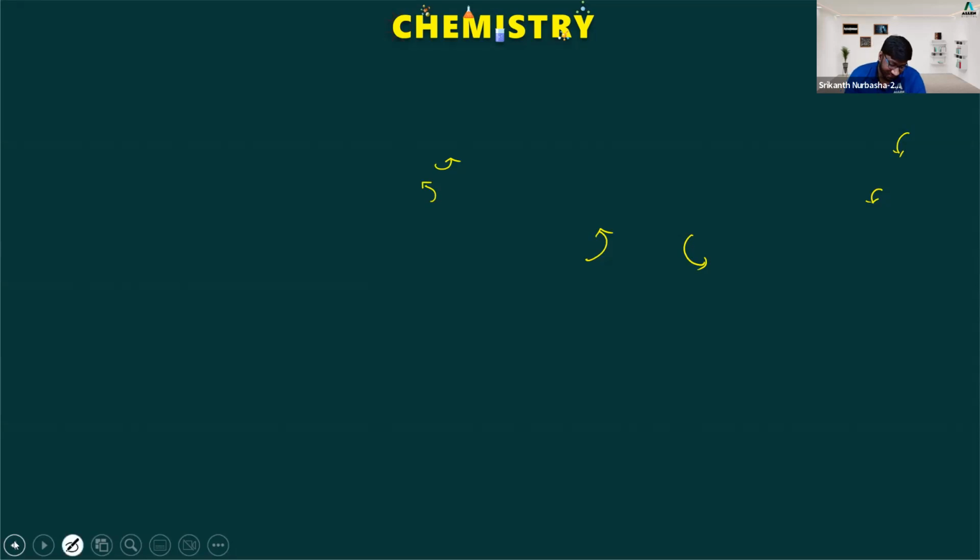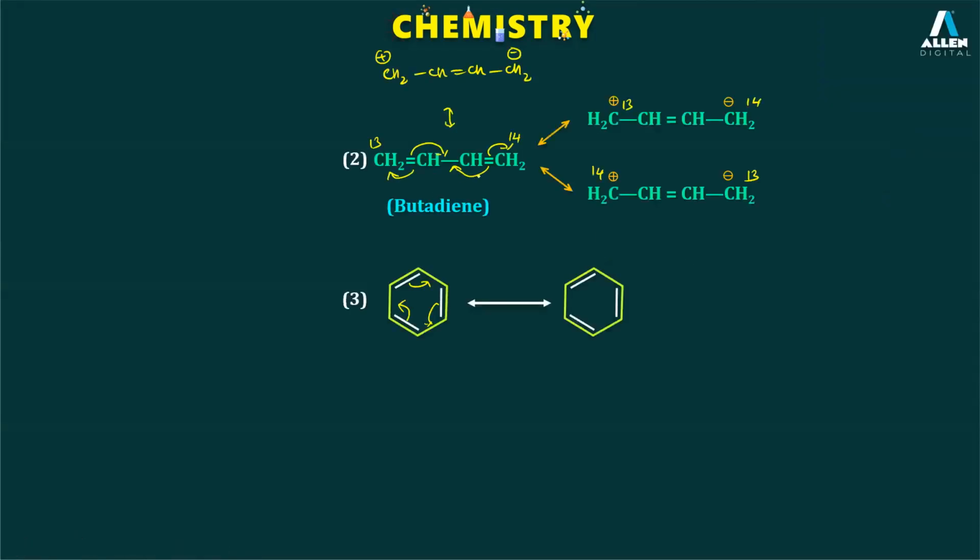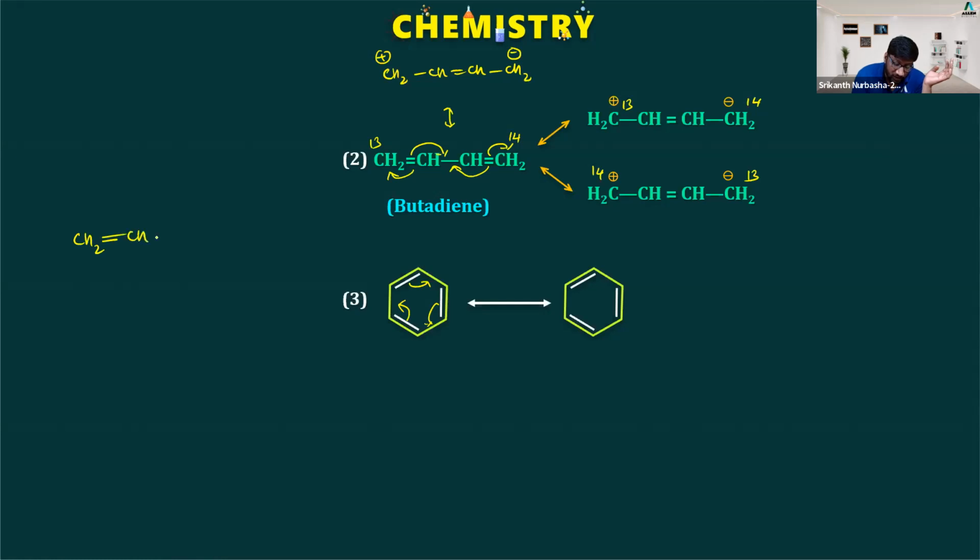Sir, you said that in this example when pi and pi are in conjugation, then the electron density will be moving towards. Yes, I understand. Whenever there are two atoms like CH2 double bond CH, CH double bond O, the electron density can move in this fashion, one possibility.